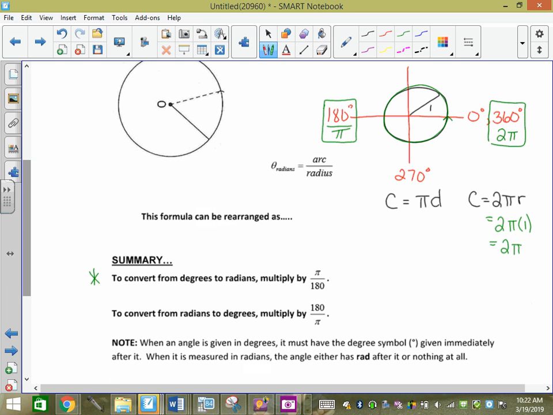To convert from degrees to radians, pi's on top. So we say Dr. Pot. You're like, that's stupid. It doesn't matter. You will remember how to do it. So degrees to radians, rads, pi on top.